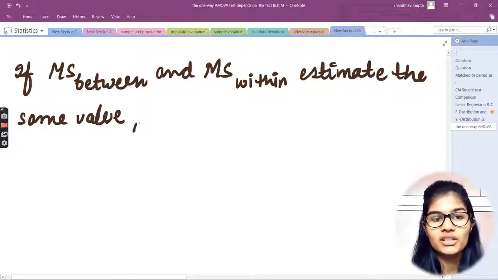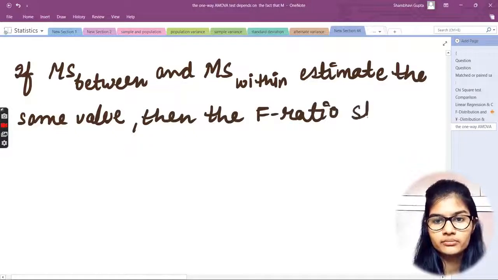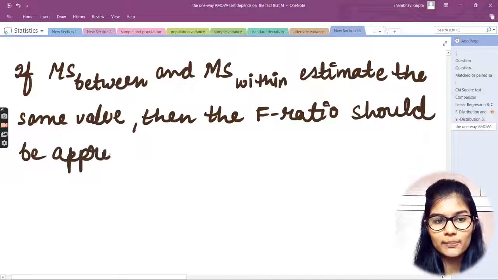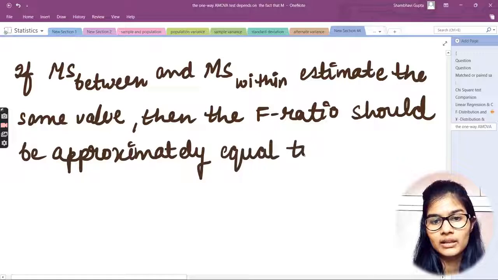Then in that case what happens? The F ratio should be approximately equal to 1.